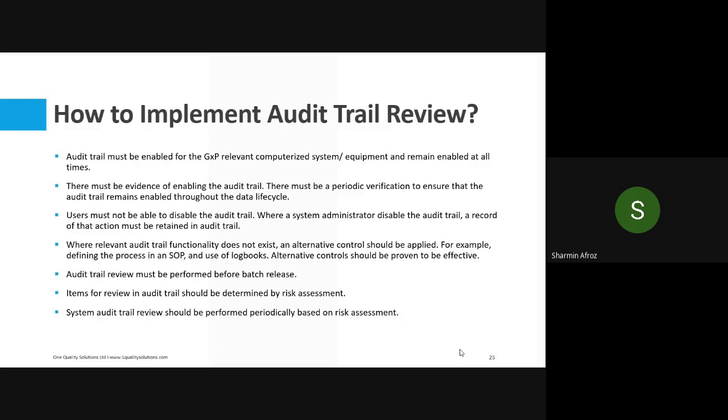System audit trail review should also be performed periodically, like the change of system policy, password policy, and so on. There are two types of audit trail. One is application and another related to the system.